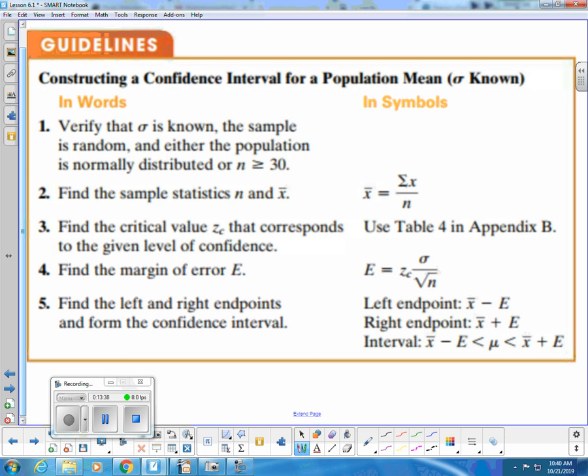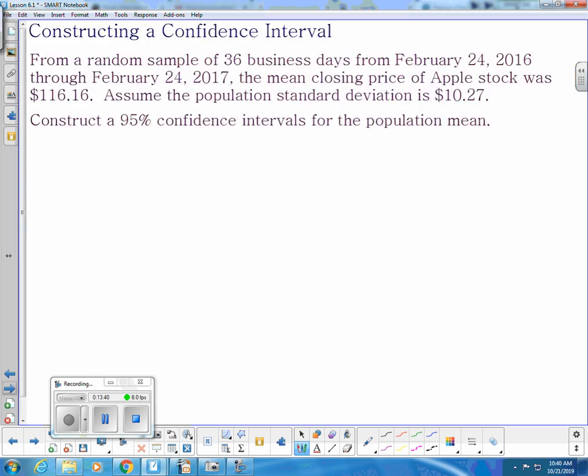Okay, so let's see if we can do one. From a random sample of 36 business days from February 24th, 2016 to February 24th, 2017, the mean closing price, so they're giving you the mean of a sample, is 116.16. What's your n? n equals 36.